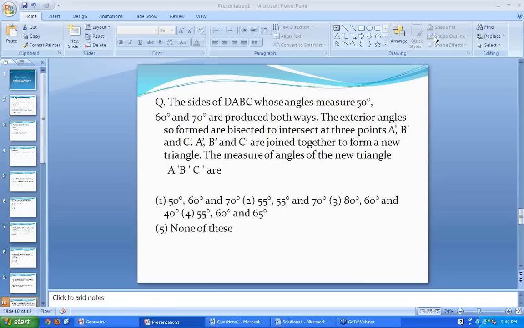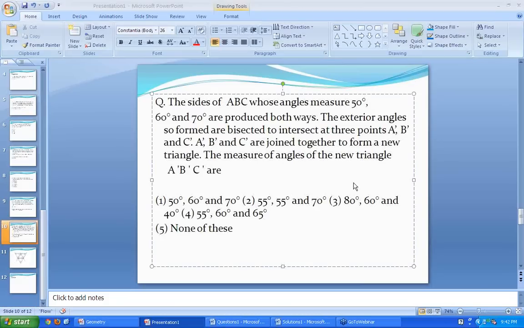Don't worry. The sides of triangle ABC. It is a misprint here; it should be triangle ABC. Please solve this. Take 5 minutes, and I am mailing you this PPT right away. Both the PPTs, in fact.